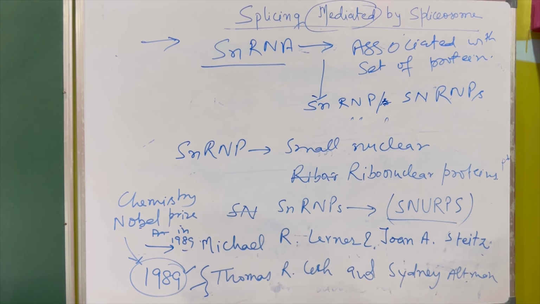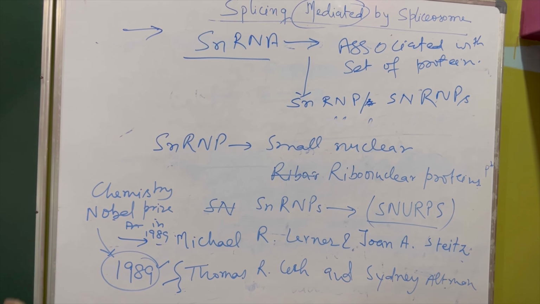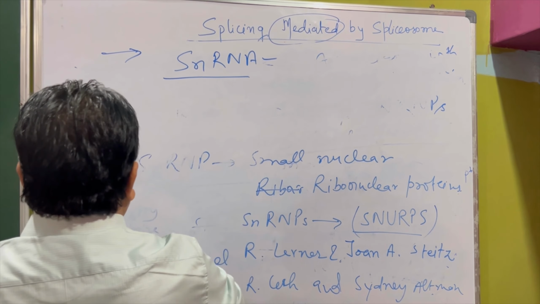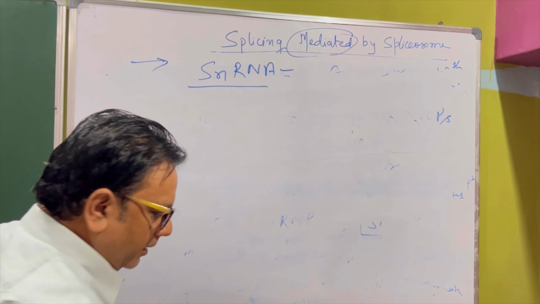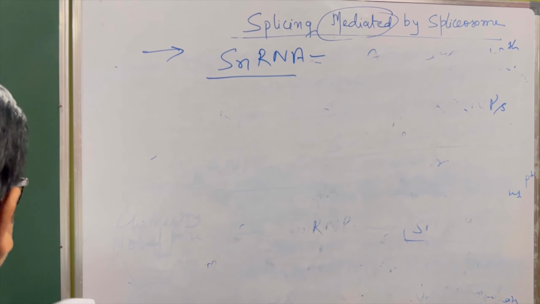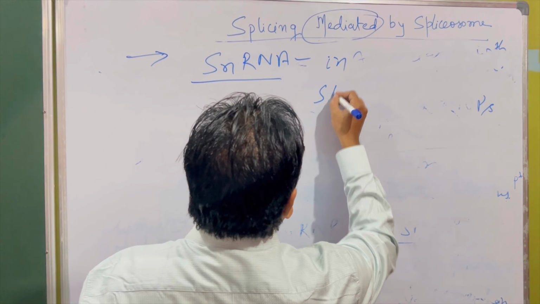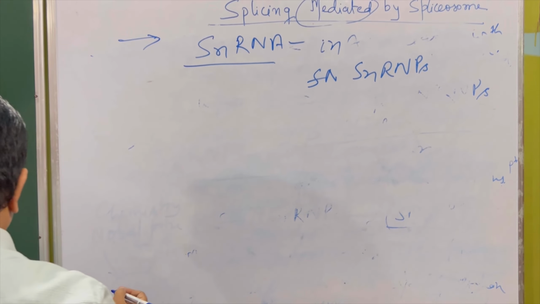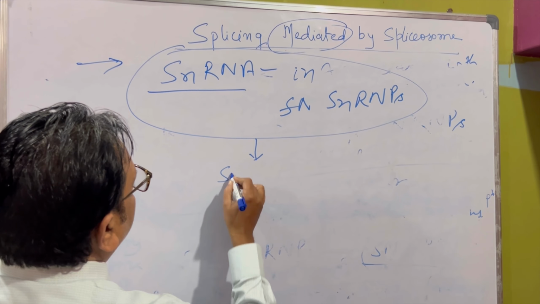Now, one thing more. It is obvious from these two, their relationship, you can say that snRNA in SNRPs is similar to ribosomes.